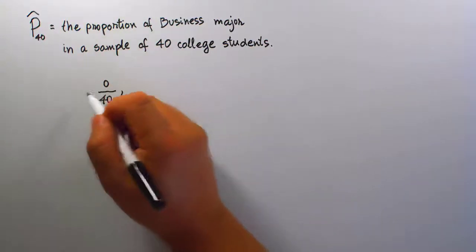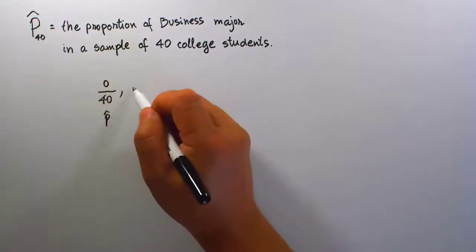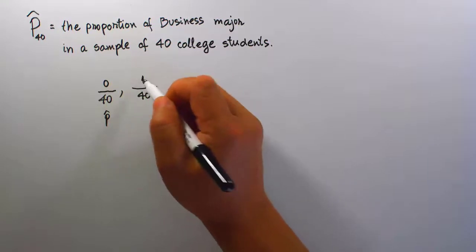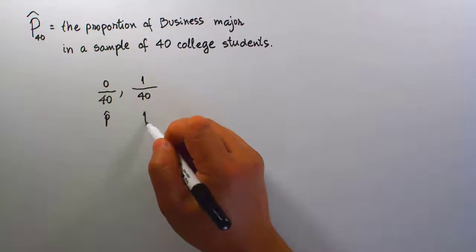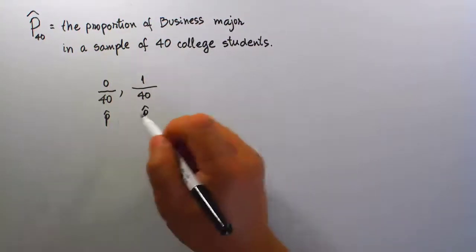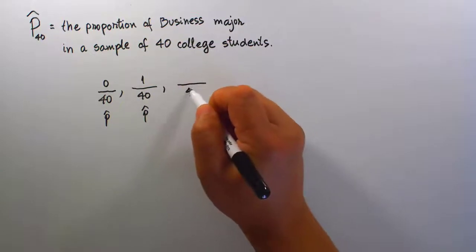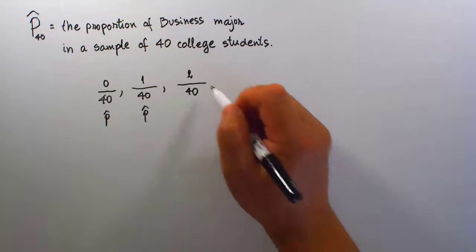In some other sample, so this is a sample proportion value, we might find one business major student out of that 40. So this is a different sample proportion value. And in some other sample, we might find 2 out of 40.